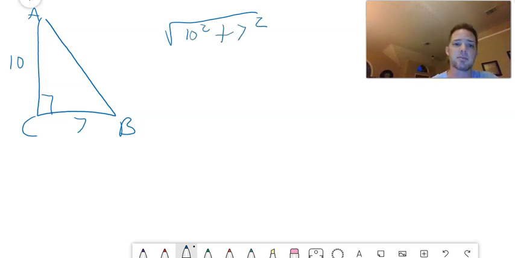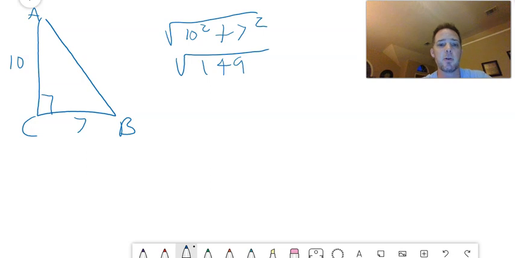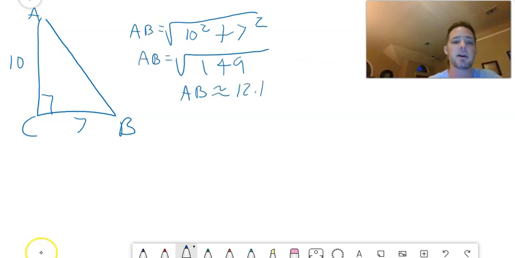That's just Pythagorean theorem. So square root of 149. I think that's going to be approximately 12.1.